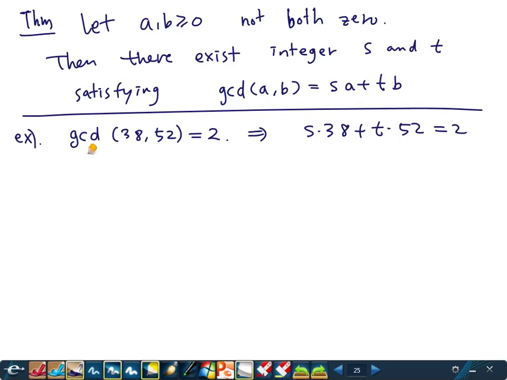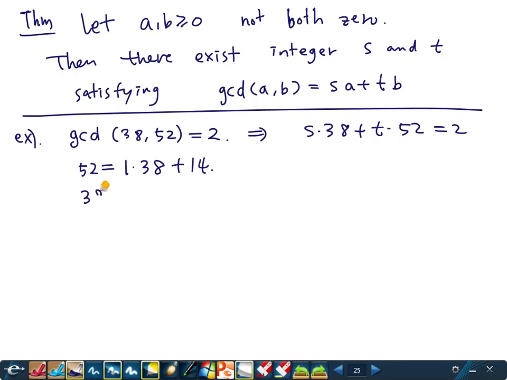So let's do this. First, we do as the Euclidean algorithm does. We divide the bigger number by the smaller number. What is the quotient? It's 1. 1 times 38 plus what? 14. Okay? Now, the GCD of this is equal to the GCD of this too.